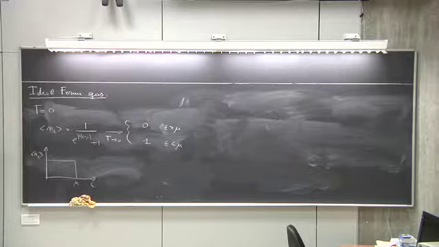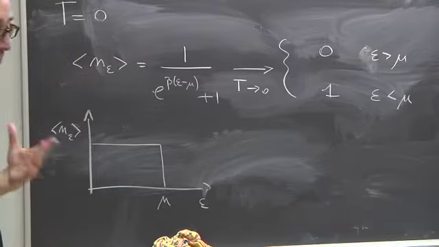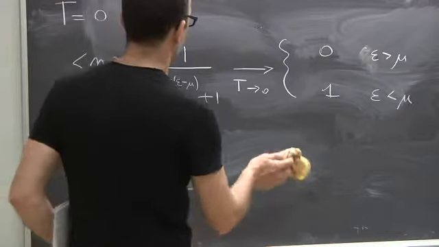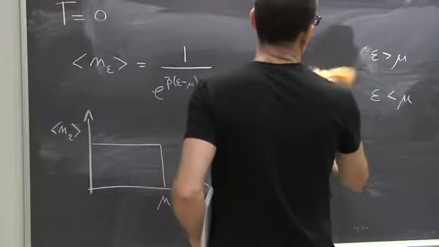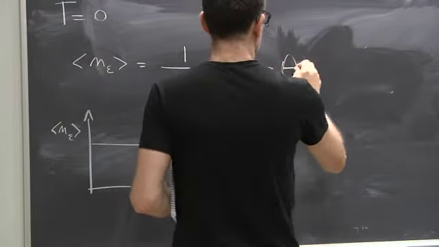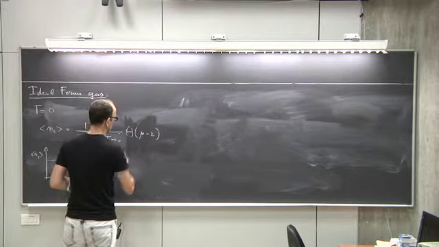So this function is generally called the theta function. Probably you have already encountered this. So you write this as theta of mu minus epsilon.